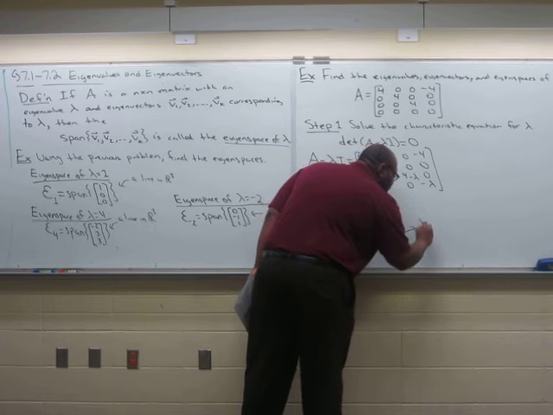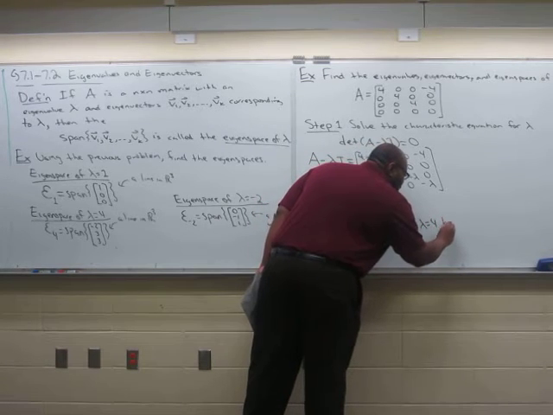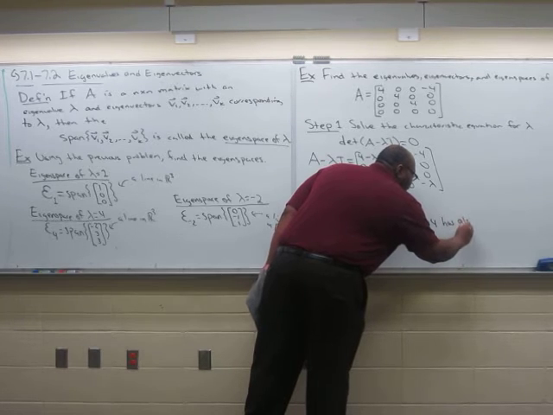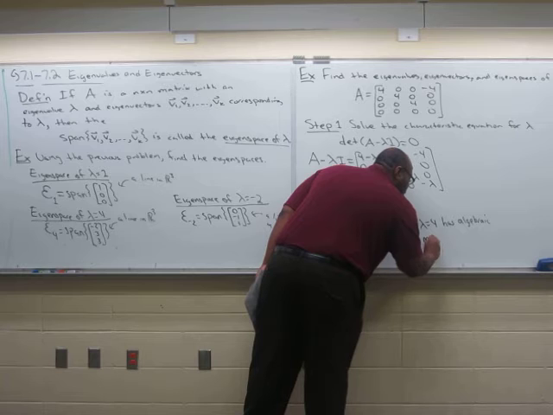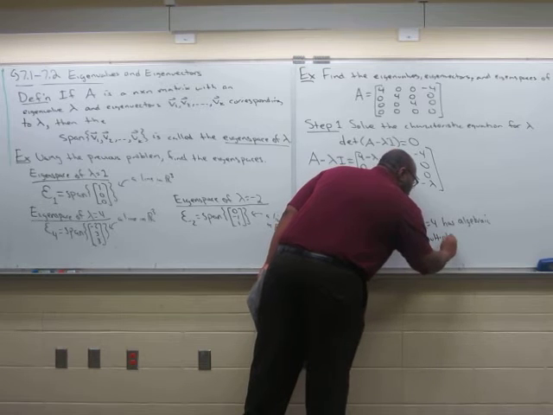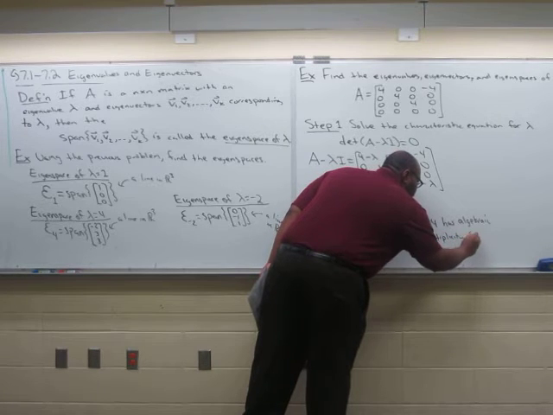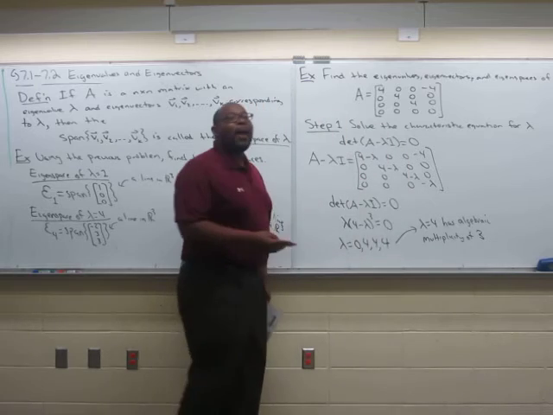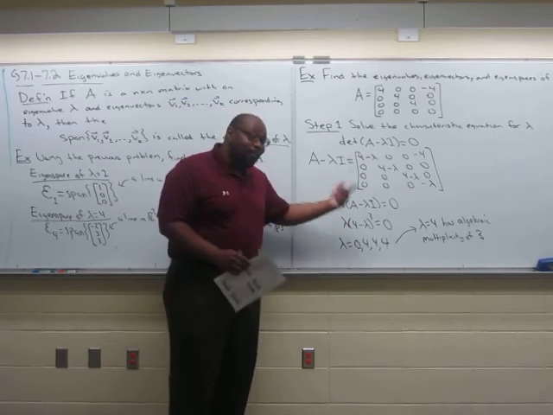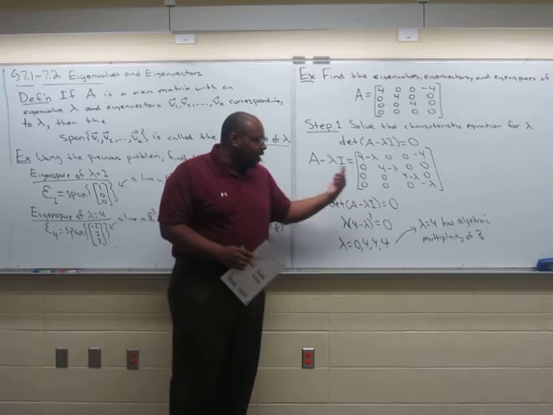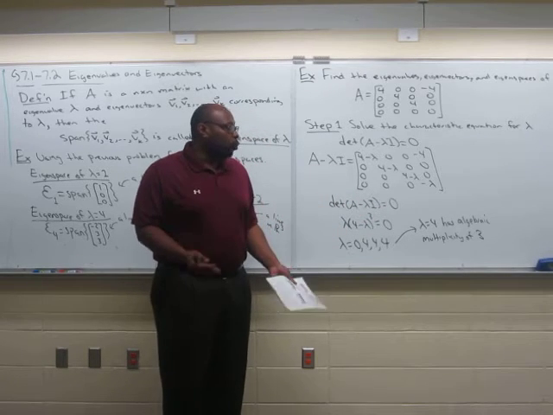So we say that lambda equal to 4 has algebraic multiplicity of 3. Because we had to do some algebra to figure out what my eigenvalue 4 was, it has algebraic multiplicity of 3.